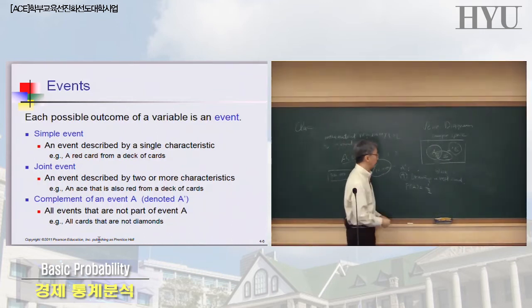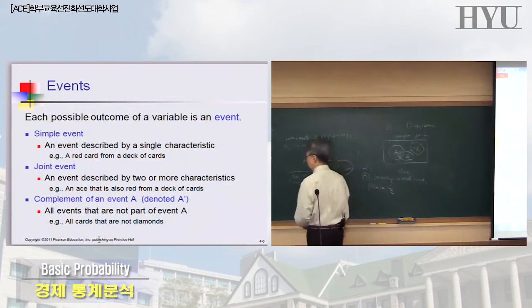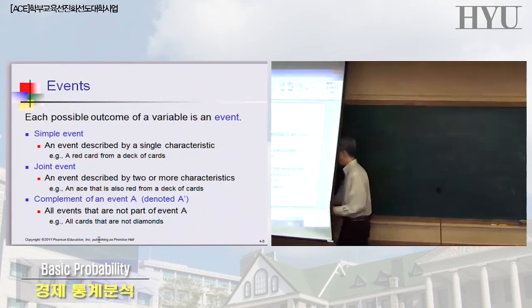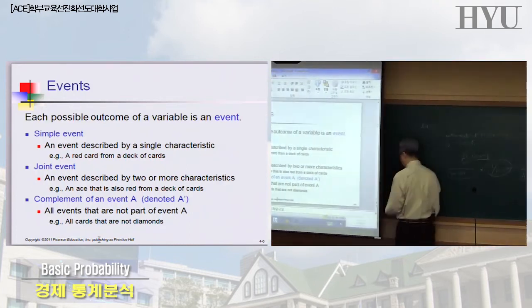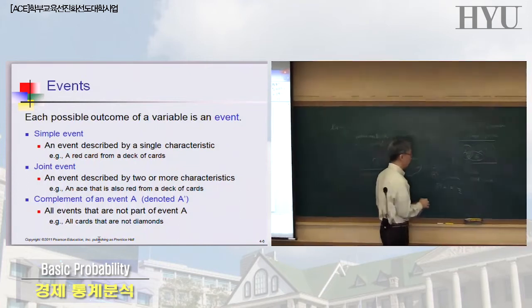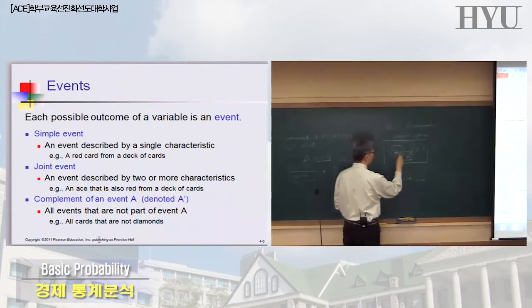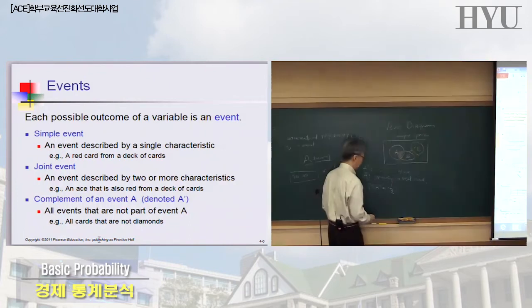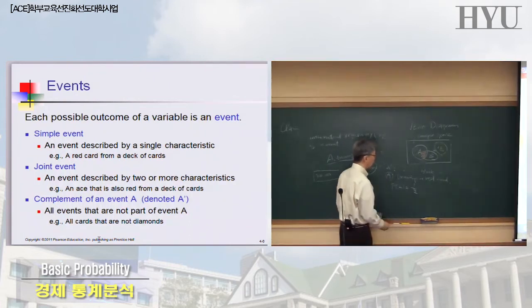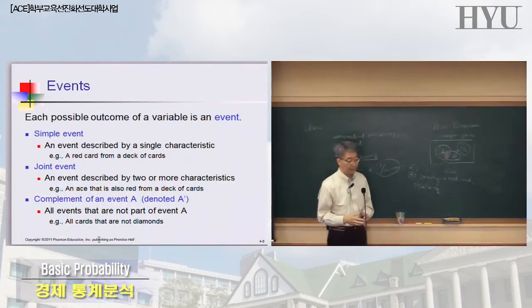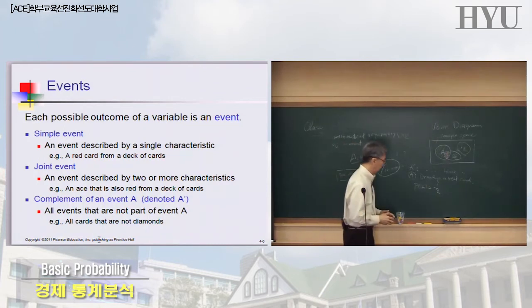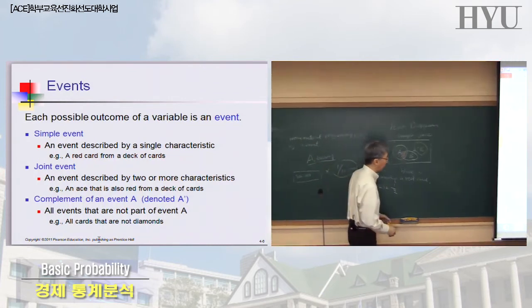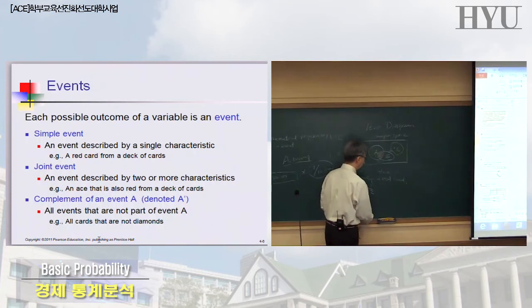So this particular area, the overlapping area, includes those cards that are red and ace. That's the idea of joint probability, or joint event.